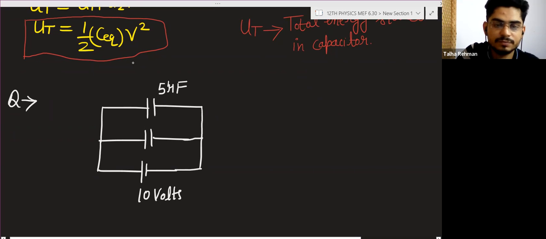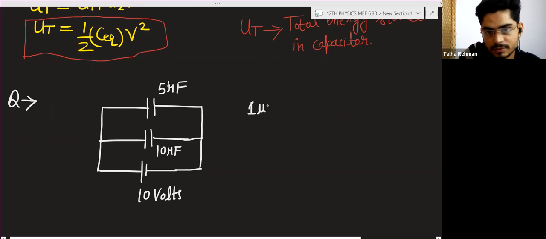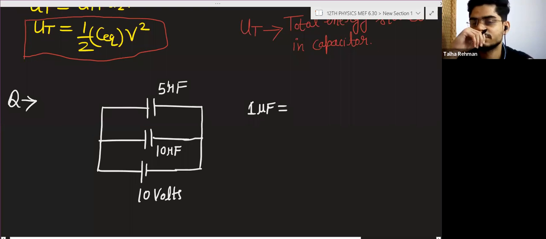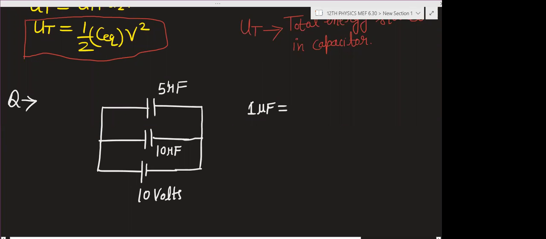This is 5 microfarad and this is 10. 1 microfarad equal to, Nawal? 10 to the power minus 7. Very good.